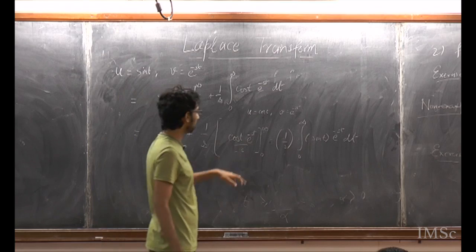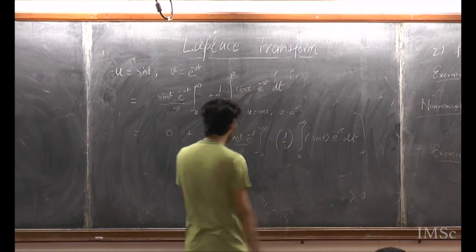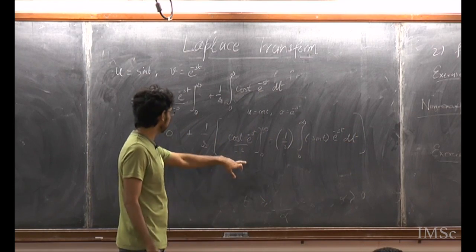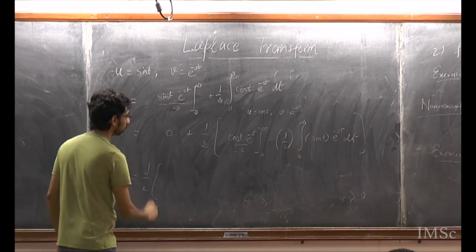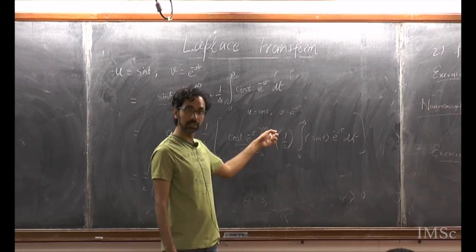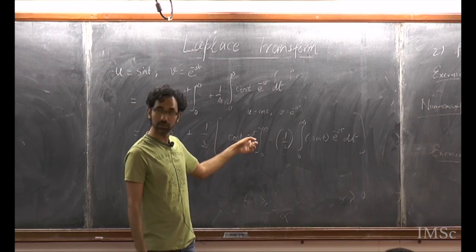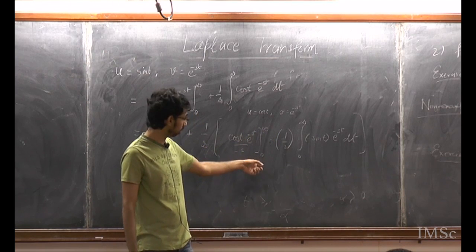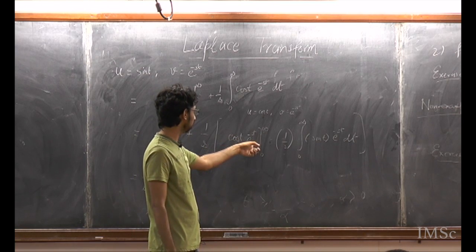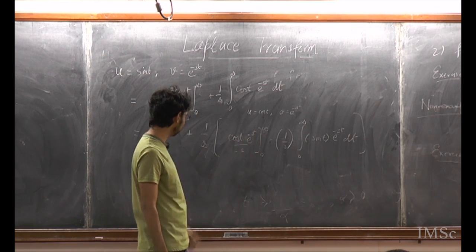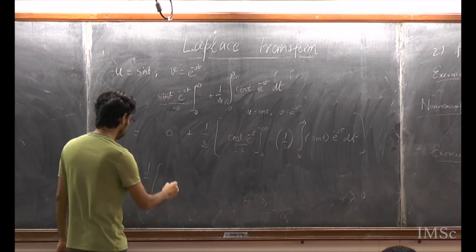What is this limit? So you have 1 over s. At infinity it is 0, and at 0 it is 1, right? Because cos 0 and e to the minus st both are 1.